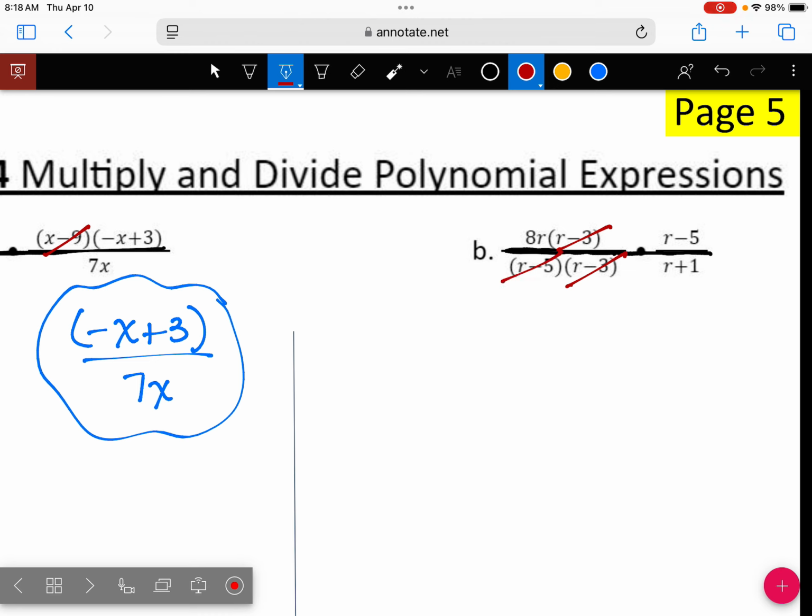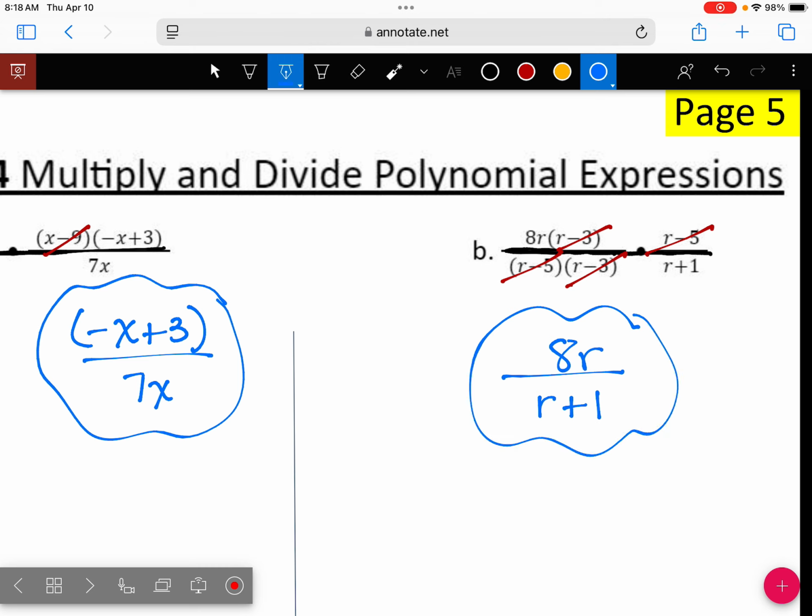R minus 5. Anything else? All right, we're done. So upstairs we have an 8R, and downstairs we have an R plus 1. It is that simple. So now we're going to get into a couple where we have to do some factoring first.